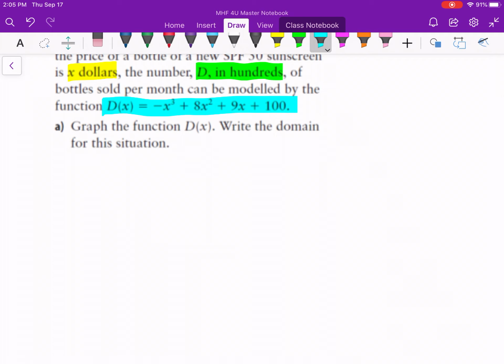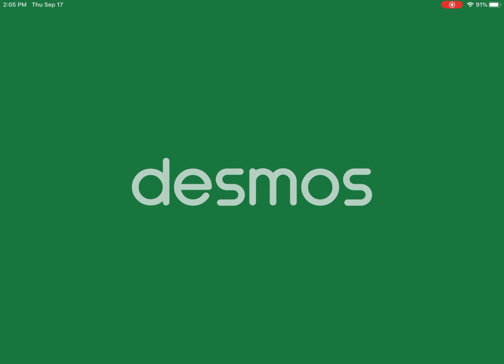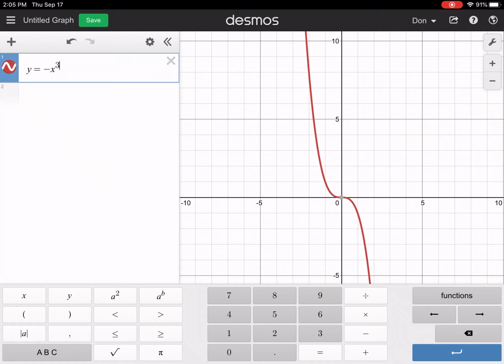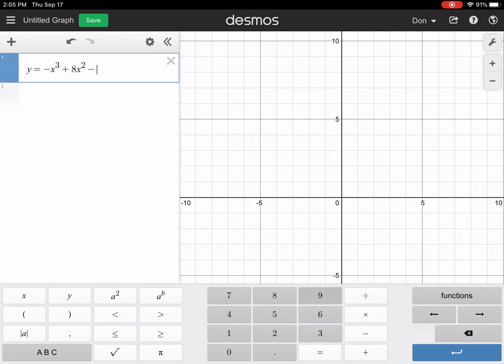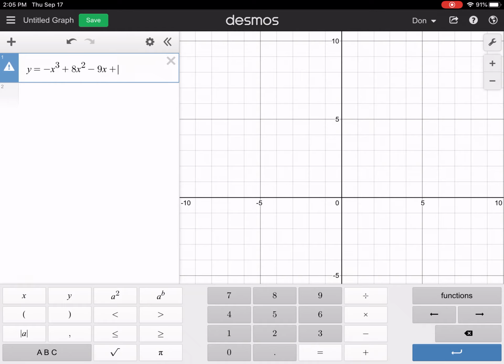So d(x), I need to go to Desmos and then type this in. I'm going to do it right from scratch so that you can really see how I would approach this. I don't need to call it d(x), I can still just call it y. y = -x^3 + 8x^2, I think it was, minus 9x, I could be wrong on the sign there, I can go back and change those, plus 100.